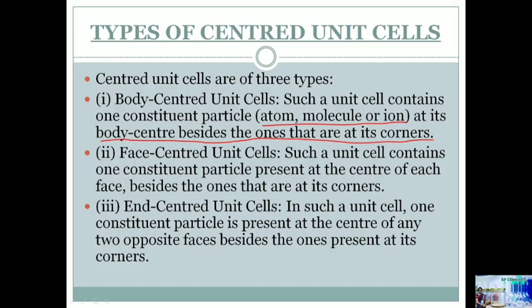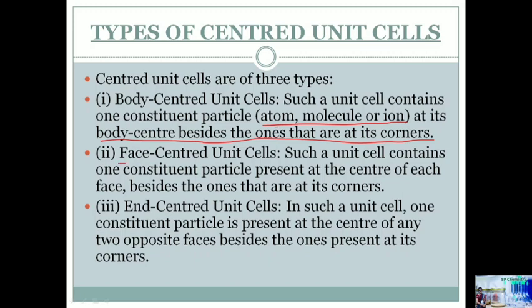Already we have discussed, in centered unit cell, constituent particles are present at kernel as well as at any other position than that of kernel. And in body centered unit cell, that other position is at body centered. So body centered unit cell contains one constituent particle at its body centered in addition to its kernels.